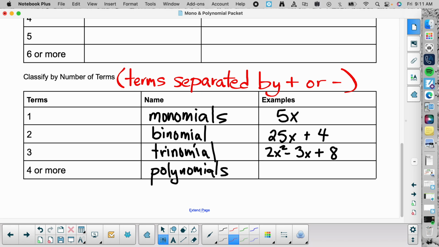Now, if you write the same term with a plus or minus sign between it, it still counts as separate terms. Like you could technically write 5x plus 5x plus 5x plus 5x. Can we multiply? No. So terms are only separated by plus or minus.